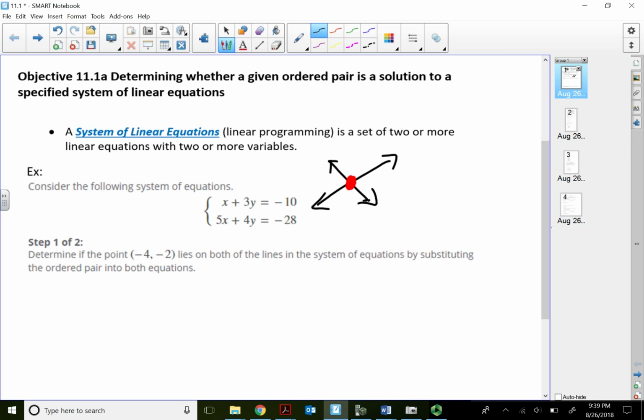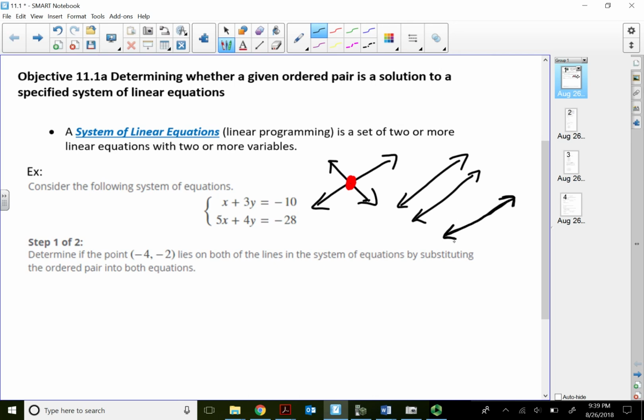If I graph two lines, the two lines could actually not intersect. That means they are parallel. As you can recall, in module 10, parallel lines have equations with the same slope but different y-intercepts. If I draw two lines, they could also look exactly the same because the two equations are the same.